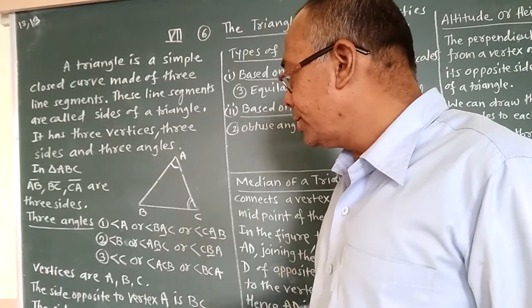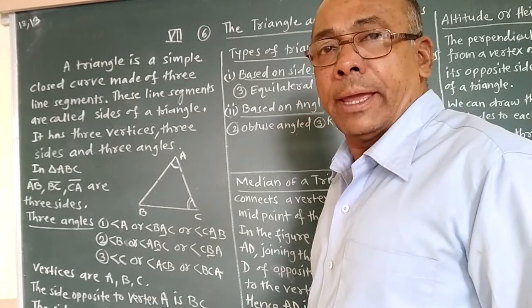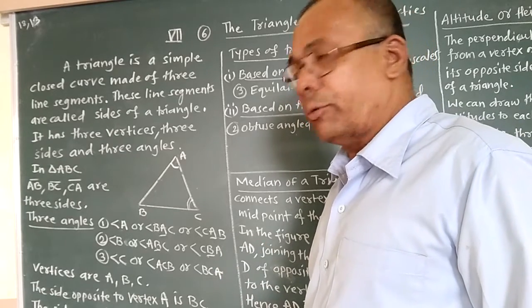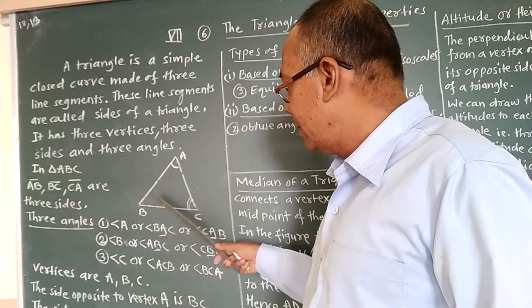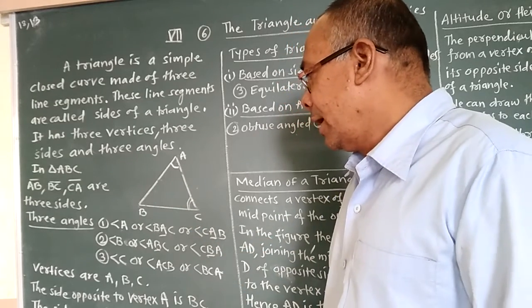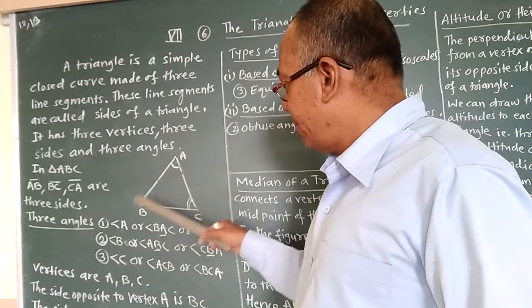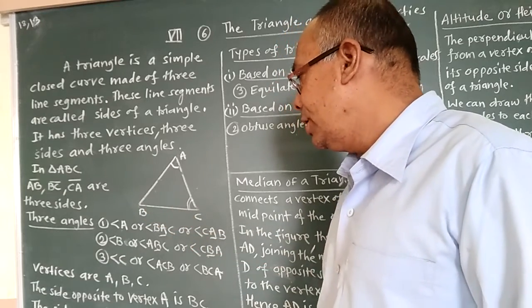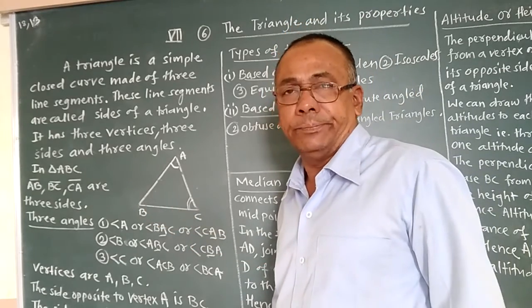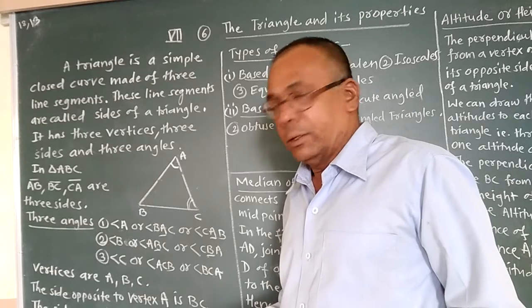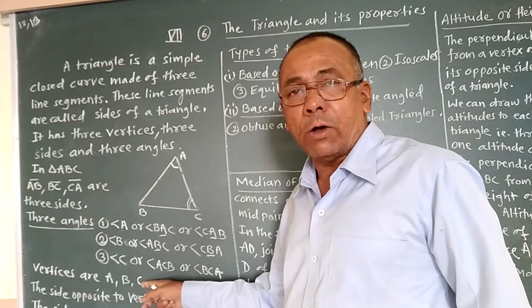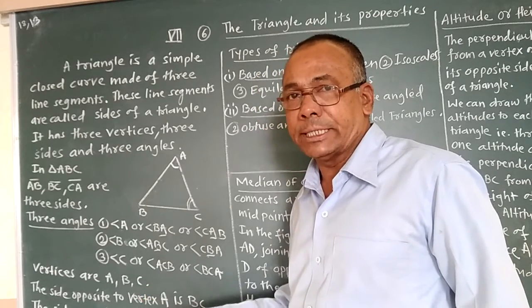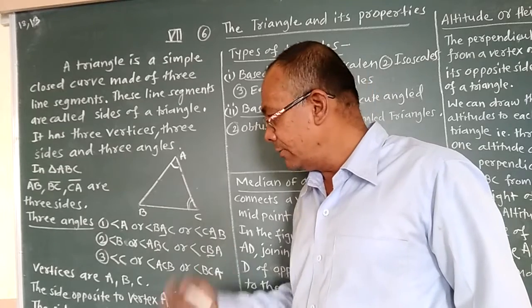So these are the three angles of the triangle, angle A, angle B and angle C. And A, B and C, these are the three vertices. Vertices is the plural of vertex.